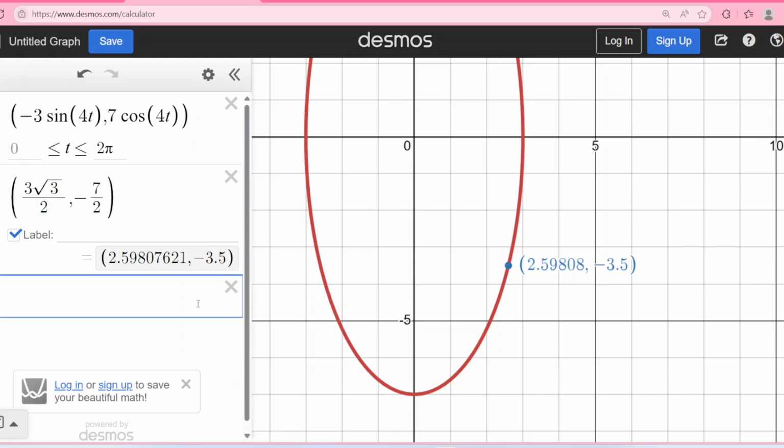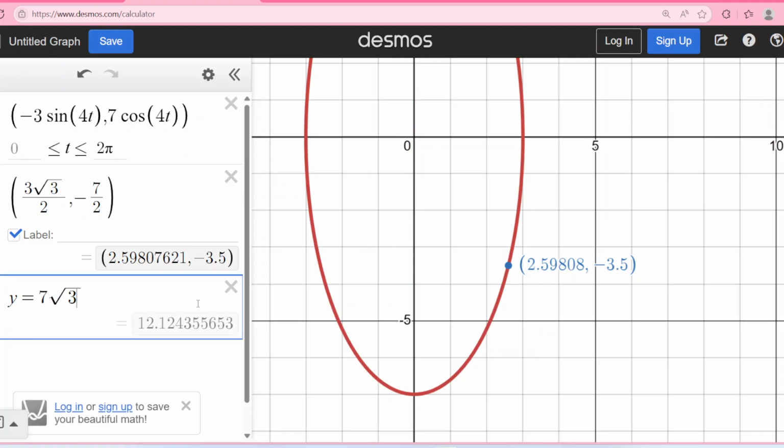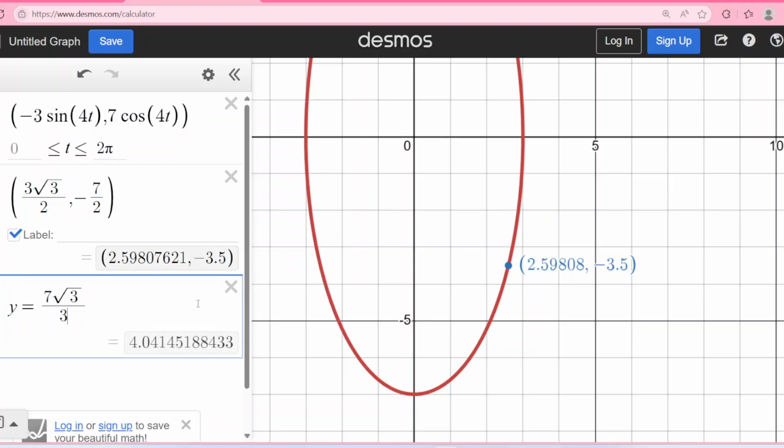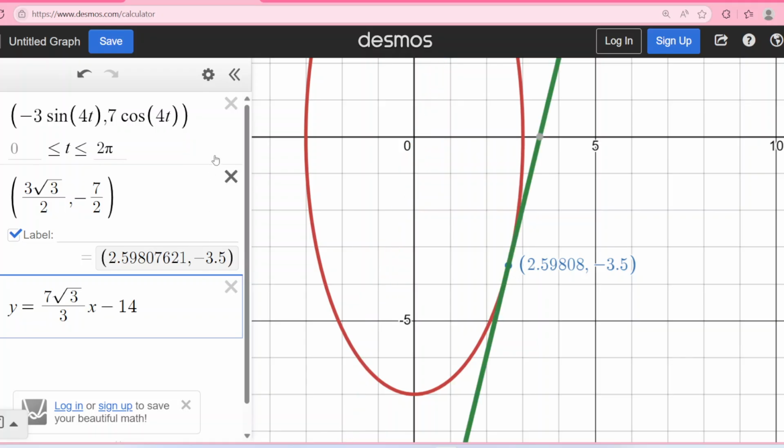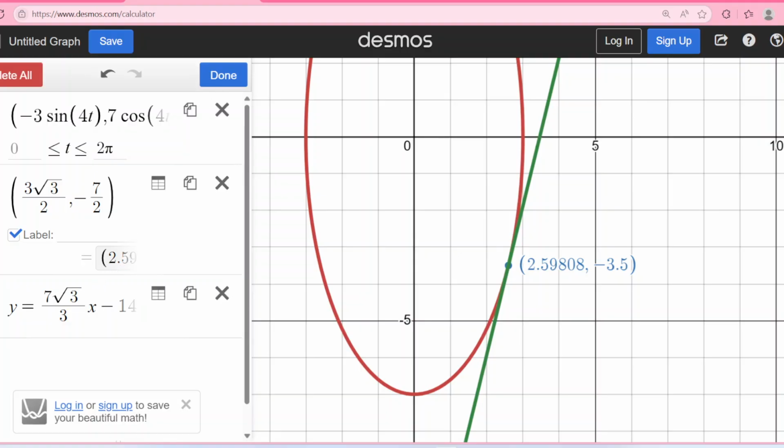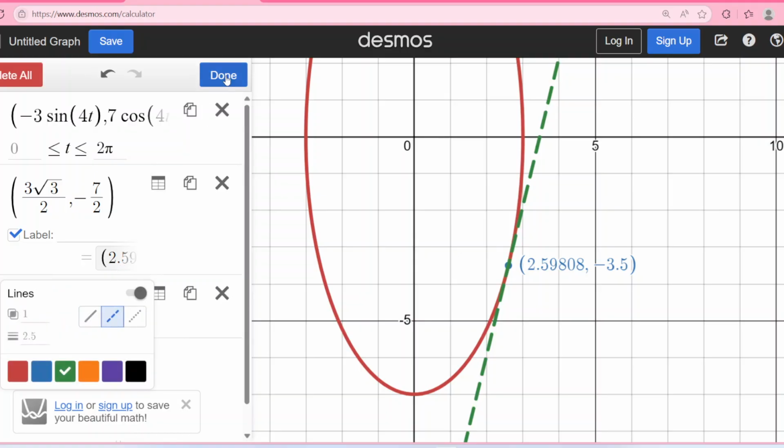Which it does, right? Our tangent line, I'll put in the slope-intercept form that we found at the end. The tangent line was y equals 7 times the square root of 3 divided by 3, that was our slope, times x, then minus 14. Now I'll go to change the settings a bit, maybe make this a dashed line instead.